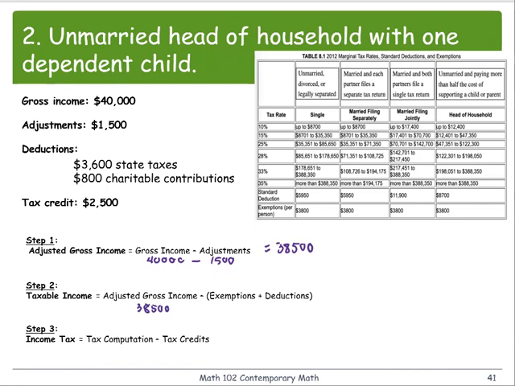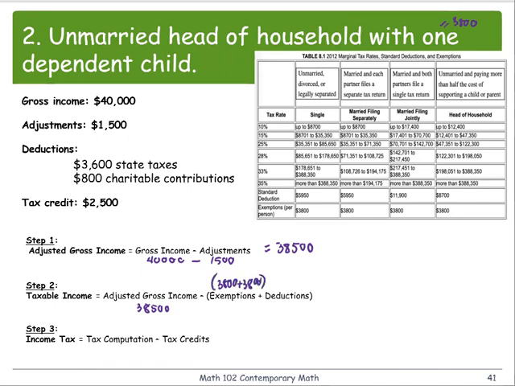Okay, for the exemptions, for this person the fixed value is 3,800, but with one dependent child, you're gonna have to add another 3,800 on top of it. So exemption is gonna be 3,800 plus 3,800.